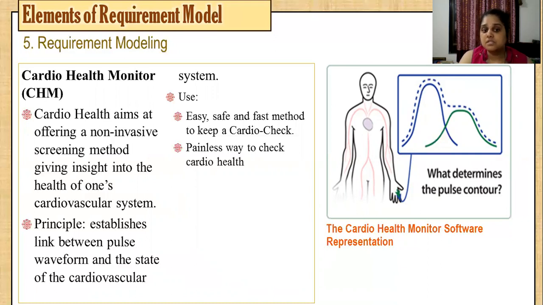It works on the principle that your waveform gives your cardiovascular age or its state. Okay, so it is easy, safe, and painless. I will be sharing the diagrams with you, and all diagrams will be based on this system.